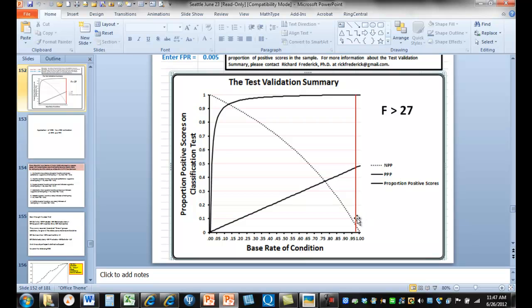So here I just show that you put that 98% line. Positive predictive power is 1. The negative predictive power is 3%. So even if you have an F of 27 or higher, a negative SIRS does not reduce the likelihood of faking. I just did a little more than you wanted just to try to tie it together.